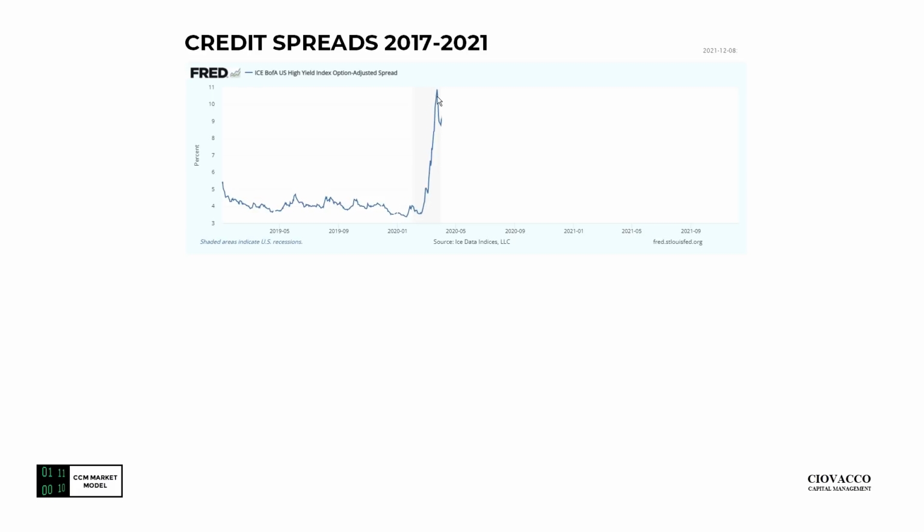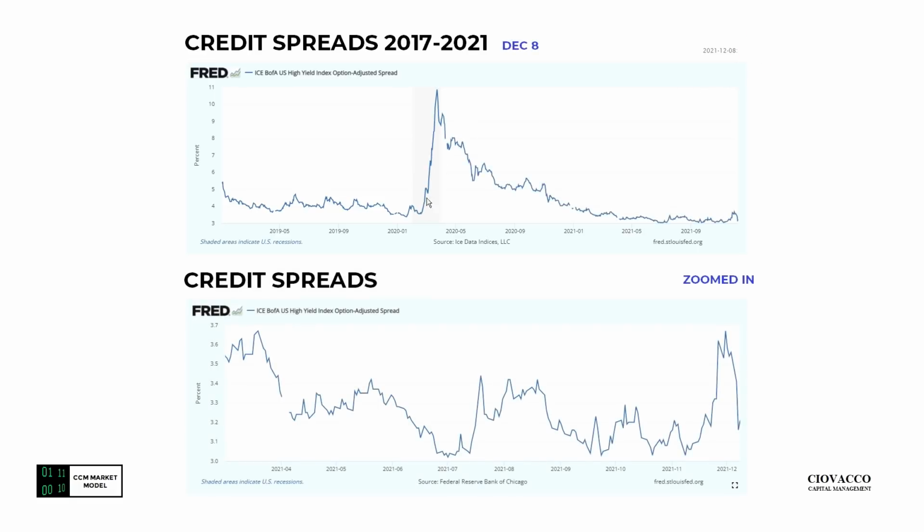Similar situation with credit spreads. These are widening spreads here. This is the COVID plunge period in the S&P 500 back in 2020. So in the present day, this is the type of look that we would want to avoid. If we look at the same reading as of December 8th, you can see relative to this spike in fear that occurred during the COVID plunge in the stock market, we really don't have anything like that here.